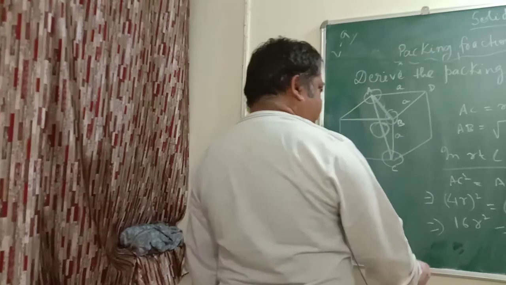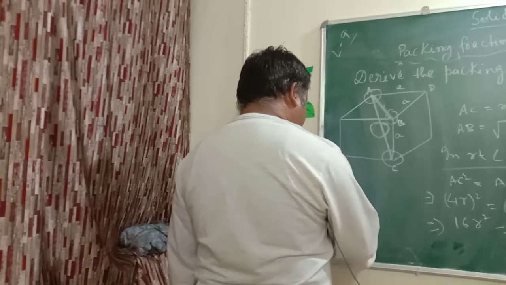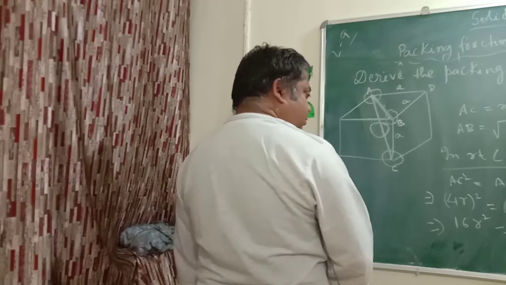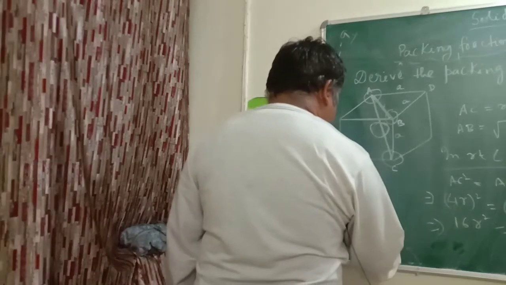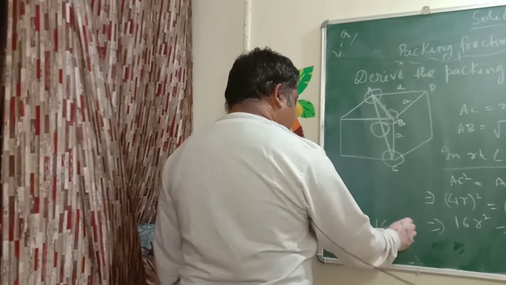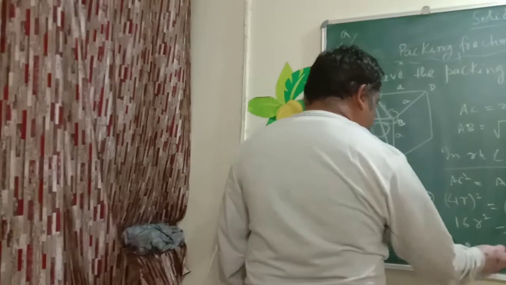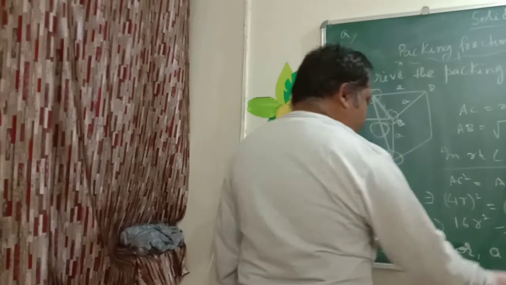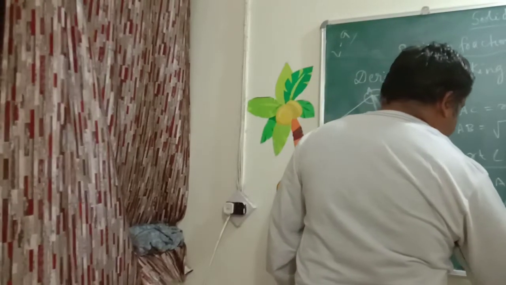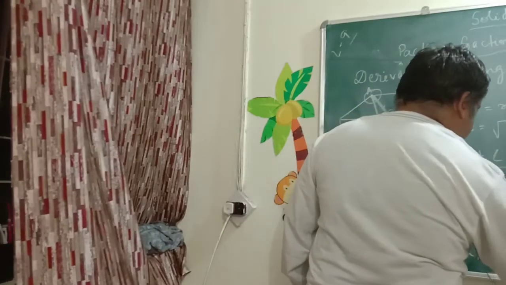So A square will be equal to 16 by 3 r square, or A will be equal to 4 by root 3 r.